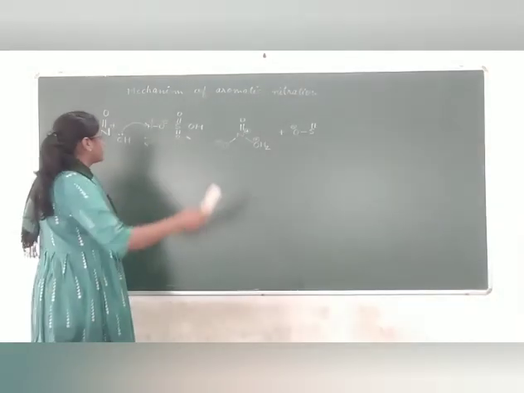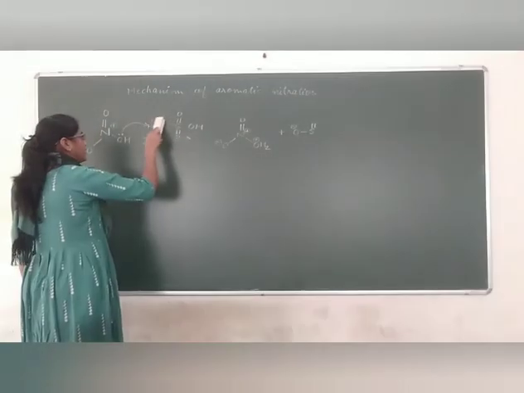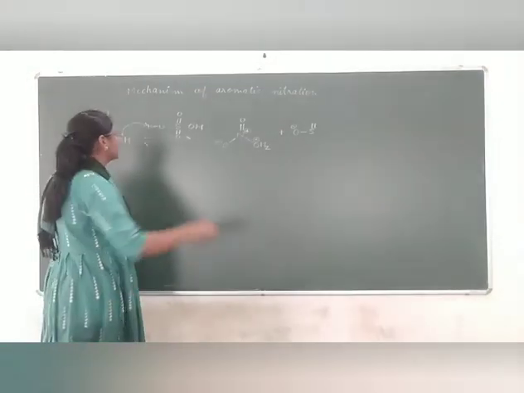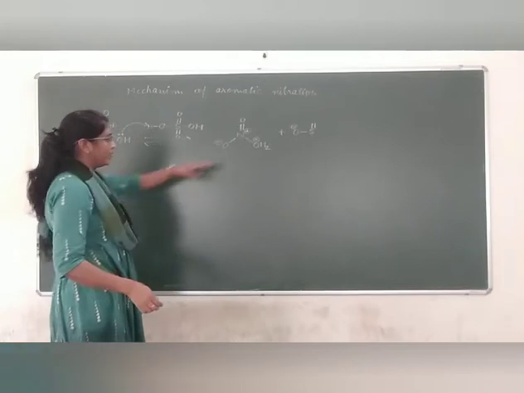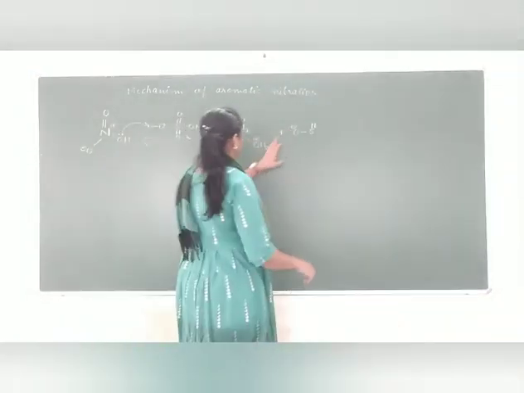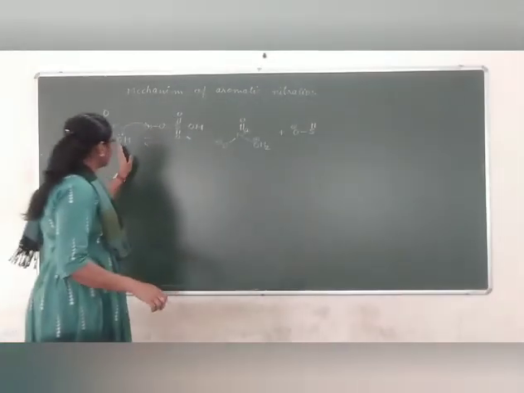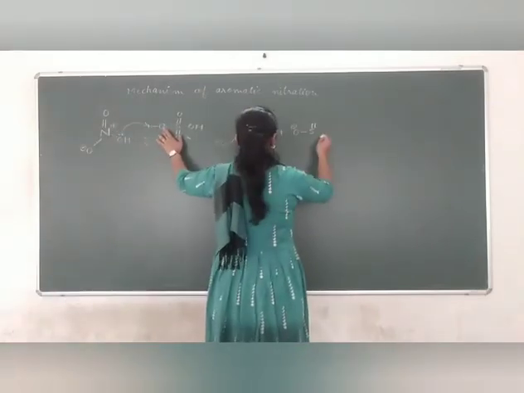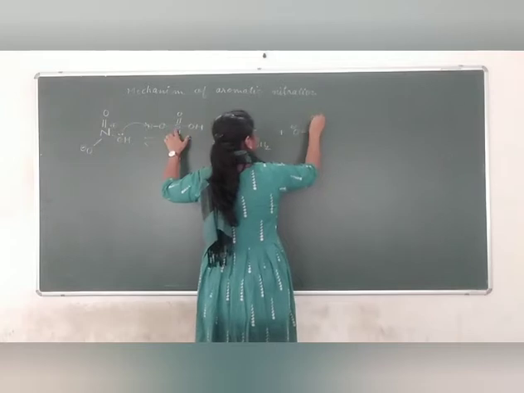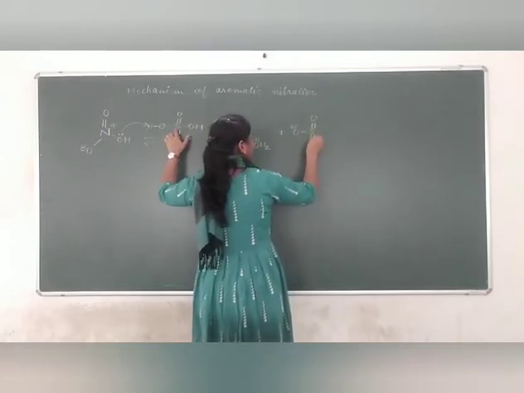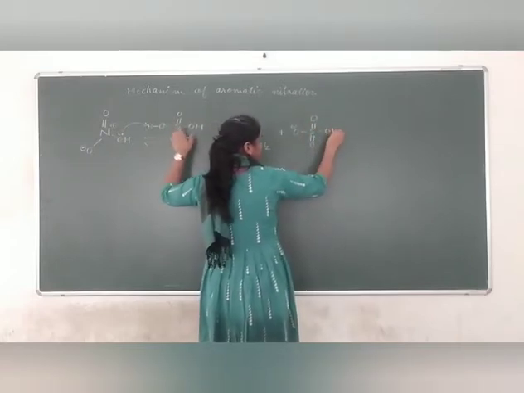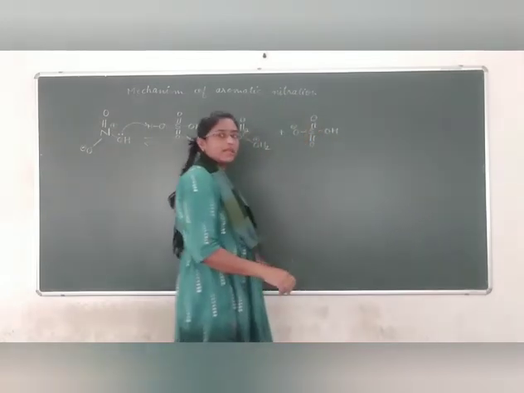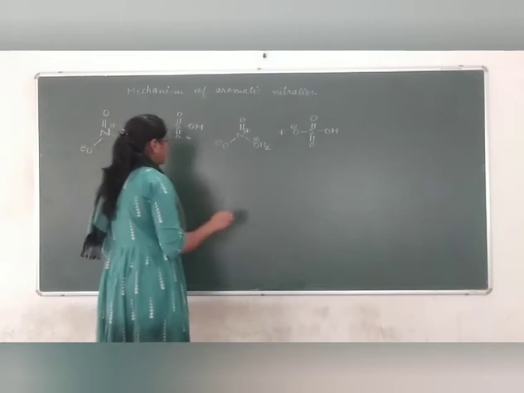This is just for your understanding; we will not write it here. We will directly write O minus. H plus comes here, and that's why OH2 plus, and here S double bond O, S double bond O, OH, means HSO4 minus.